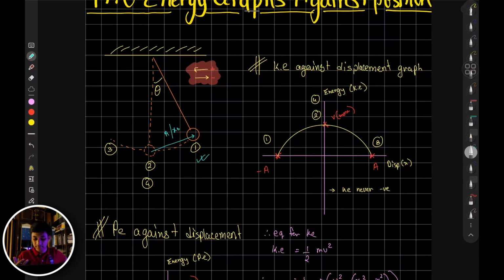So maximum displacement, and it is in the negative direction. Therefore, we're going to plot a point minus A on the x-axis.